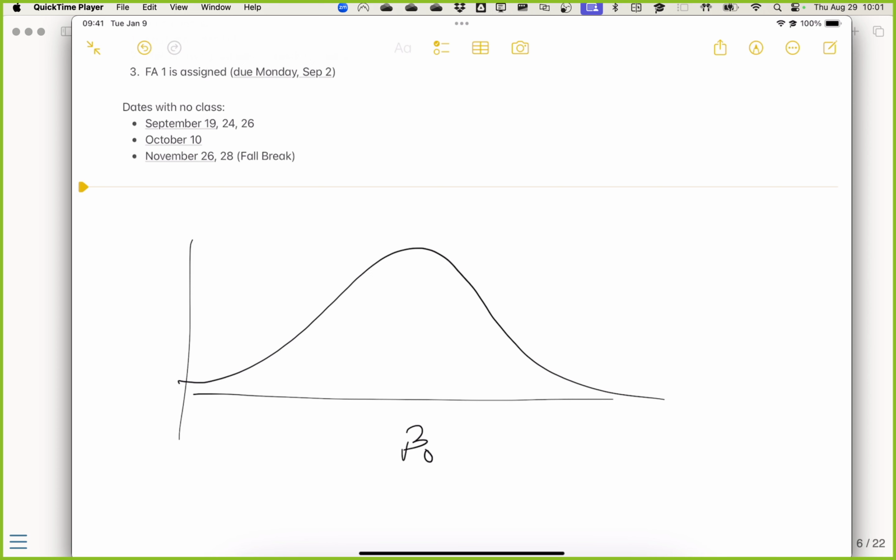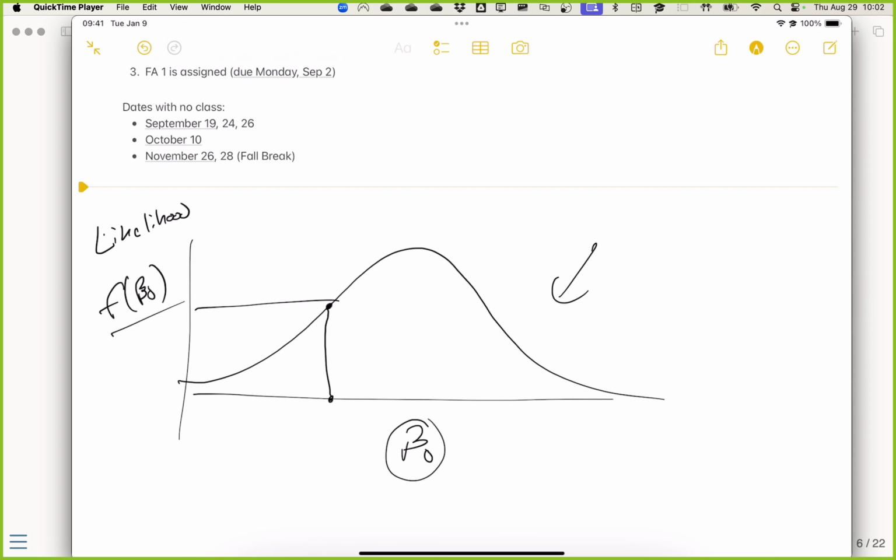So this term on the y-axis is what we would call the relative frequency, sometimes the height, right? So if we try out a beta 0 right here, that would be its relative frequency, but this is also the likelihood right here. So y, basically the height of the distribution, or if we provide beta 0 into the distribution function, the PDF that gives us this shape, it tells us the height. That tells us how likely things happen to be.